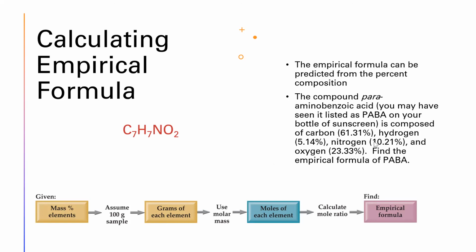You can use this as an exercise. You will get the right answer when your answer is C7H7NO2. This is the empirical formula of PABA, para-aminobenzoic acid.